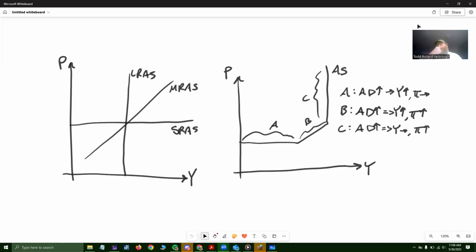And so the interesting thing about the Keynesian framework is that it's really focused on this short to medium run time period. We're already in the context of economic fluctuation.